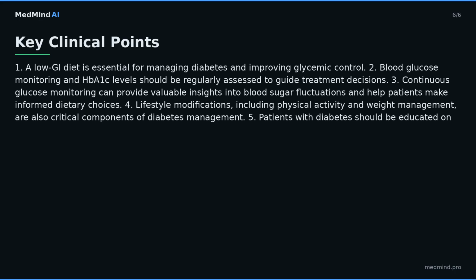Lifestyle modifications, including physical activity and weight management, are also critical components of diabetes management. 5. Patients with diabetes should be educated on the importance of glycemic index in dietary choices and the impact of food on blood sugar levels.